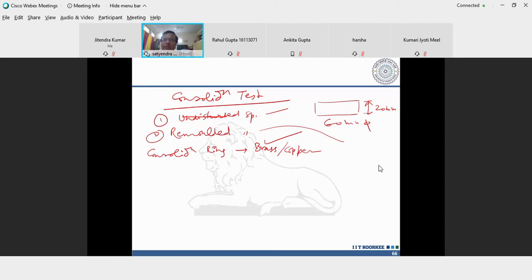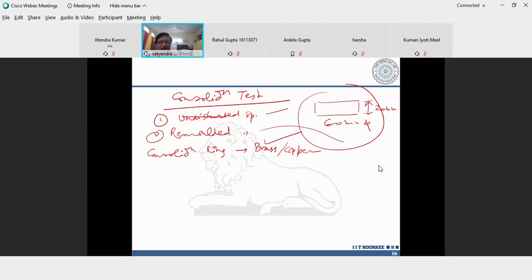Through the compaction test, the advantage is that you add water up to the optimum moisture content, and the sample is properly compacted up to the maximum dry density at the OMC. Then you place a sample of this size into this consolidation ring, and then place it into the consolidometer setup.